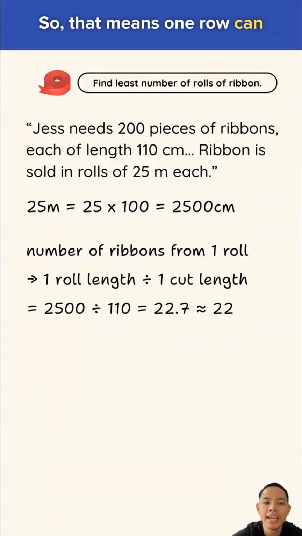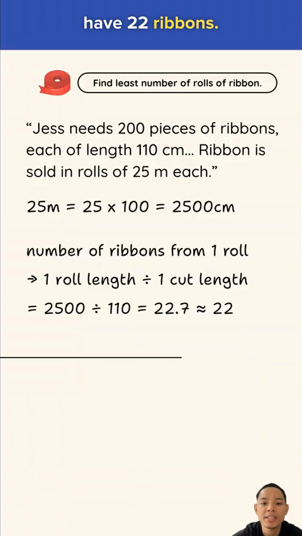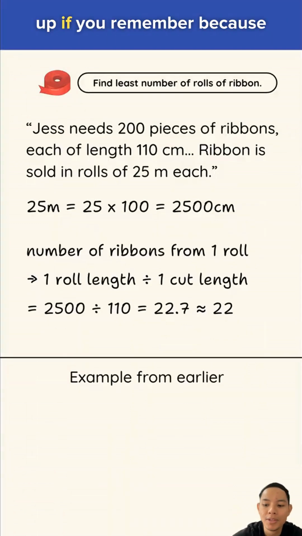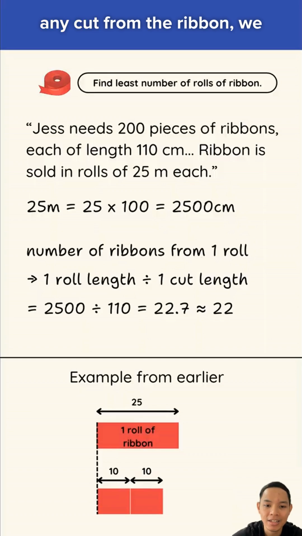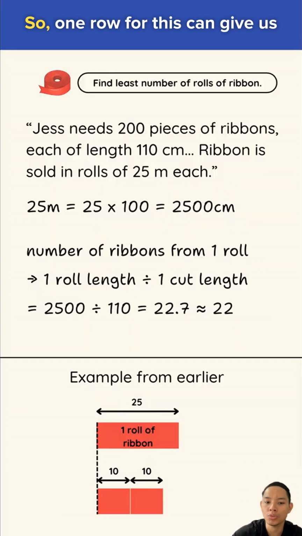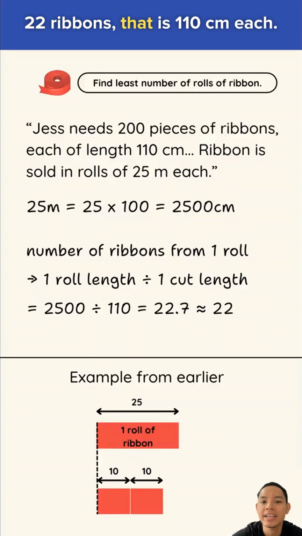That means one roll can have 22 ribbons. We don't round up, if you remember, because any leftover cut has to come from a new roll. So one roll can give us 22 ribbons, each 110 centimeters.